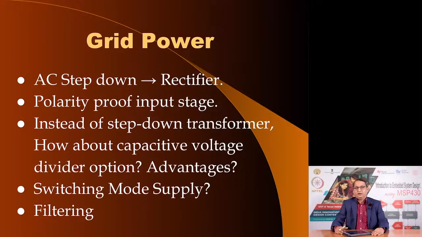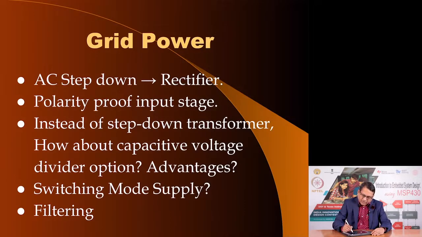If the primary source of your power is the grid, then the grid voltage is typically 220 volts in large parts of the world. In some cases the voltage is 110 volts.